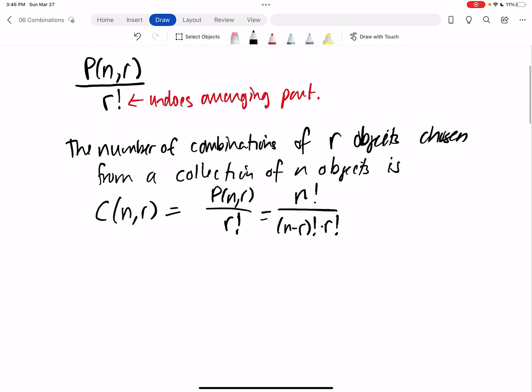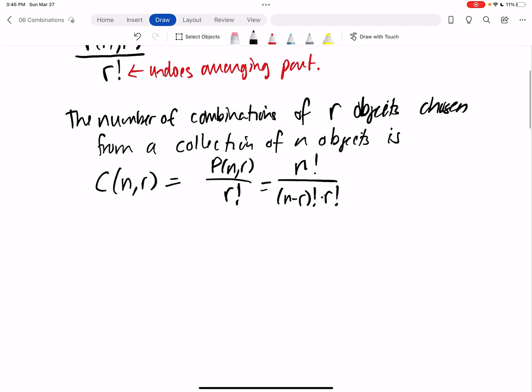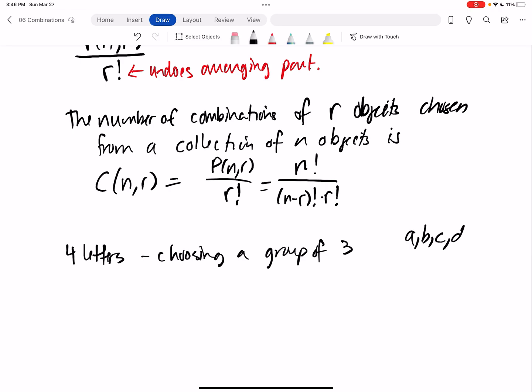This is another example where you can use Desmos to find that number. But if you think about it, if you have 4 letters and you're choosing a group of 3, so let's say we have the letters A, B, C, and D. If I choose the letters A, B, C in that order, and I choose the letters C, B, A in this order, these are the same groups.